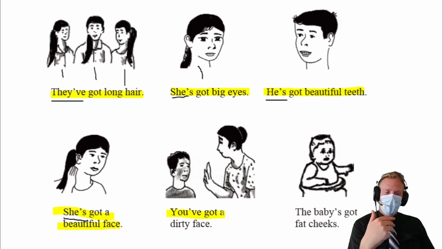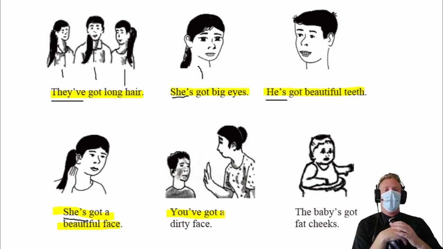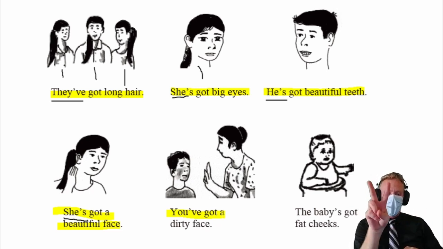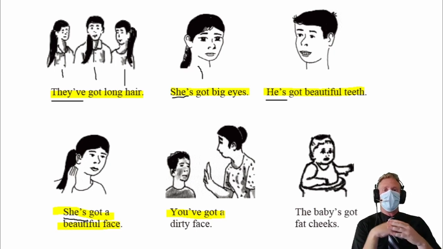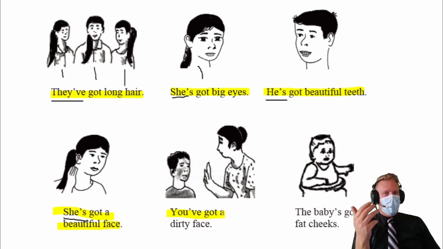Now you, in English, we always count as two. Every time you use you use have. Even if you speak to one person, you still use have. Right. So you have got a dirty face. You, we always count as two people.